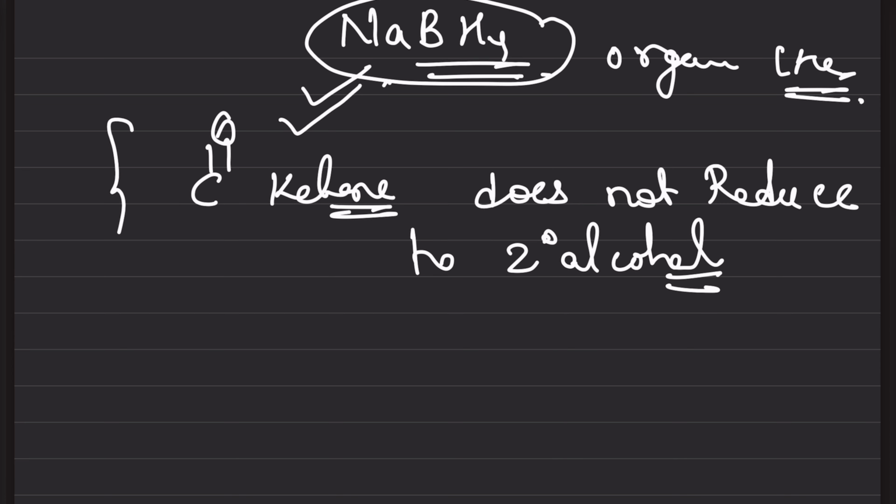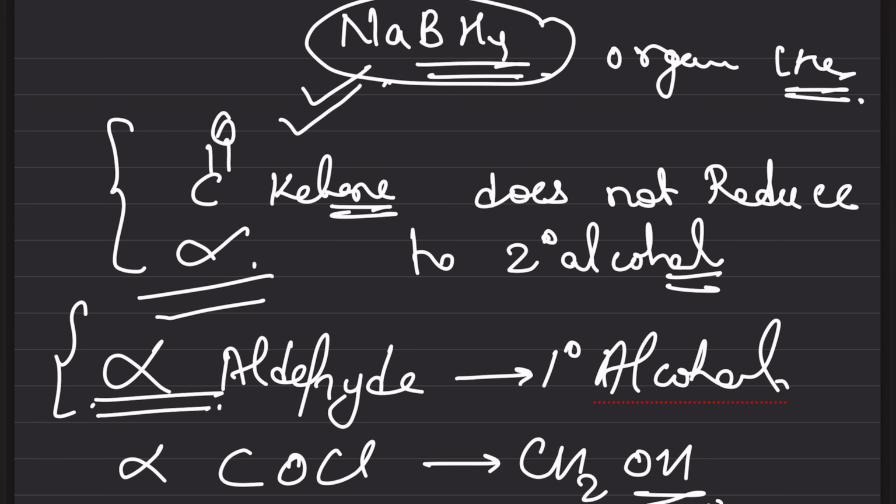As lithium aluminium hydride was reducing, but NaBH4 does not reduce it to a 2-degree alcohol, and it also does not reduce an aldehyde to a 1-degree alcohol. And it also does not reduce COOH. So with NaBH4, an aldehyde will not be reduced to a 1-degree alcohol, nor a ketone to a 2-degree alcohol, nor COOH.